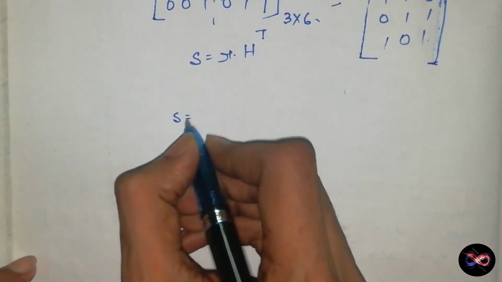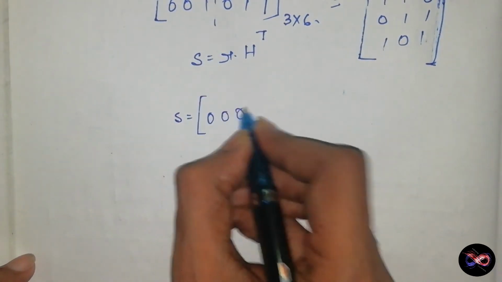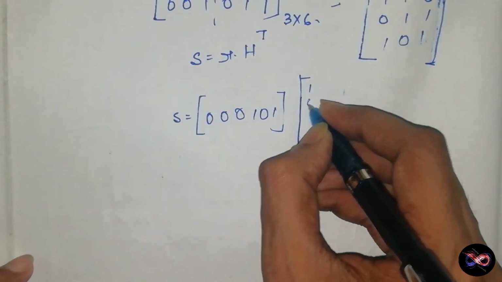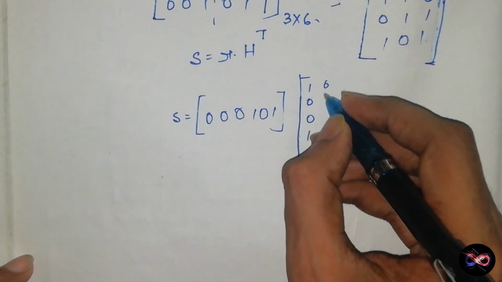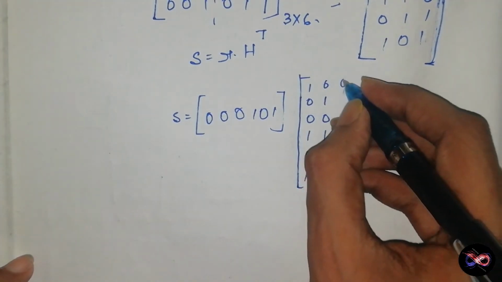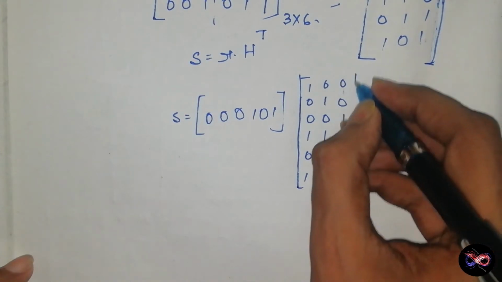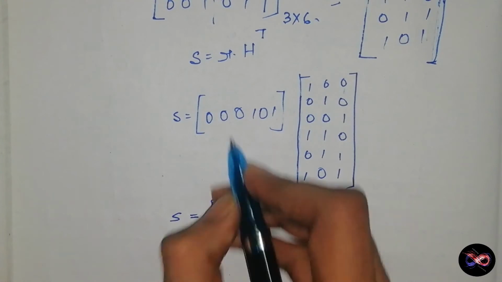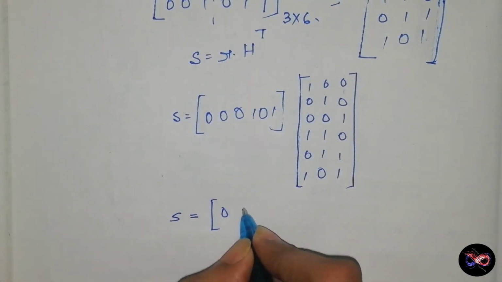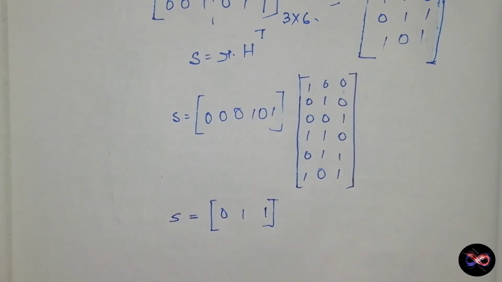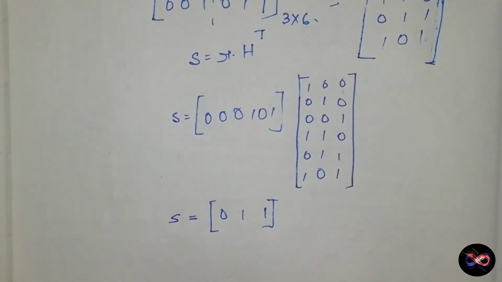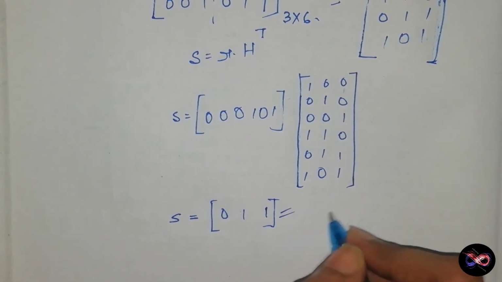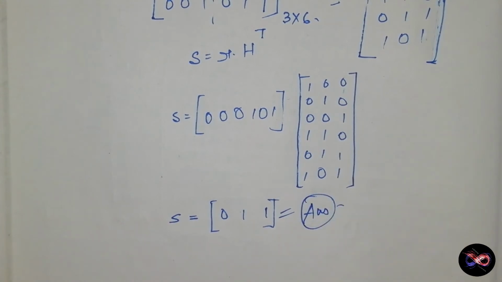So S is equal to R times H transpose, so S will be equal to 0 1 and 1. You can simply do the XOR operation and matrix multiplication and you will get the syndrome as 0 1 1. So this is our first answer for the syndrome.